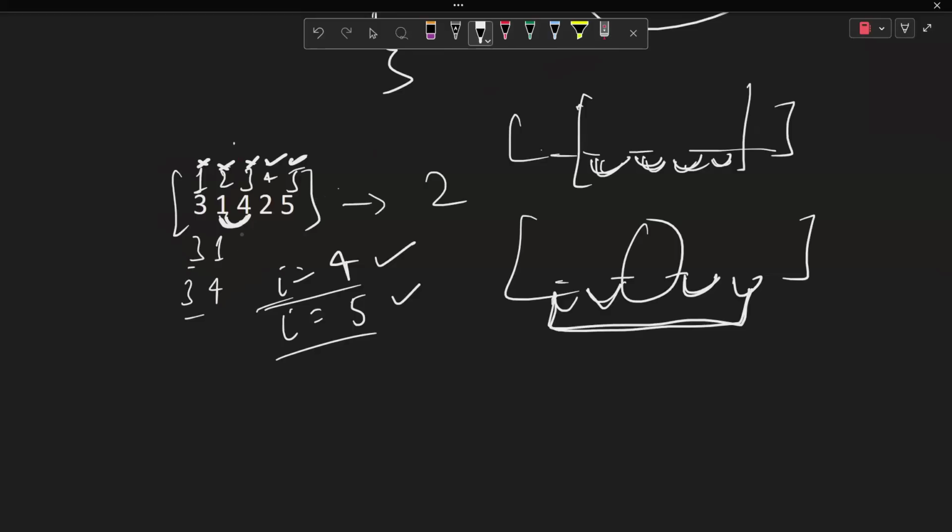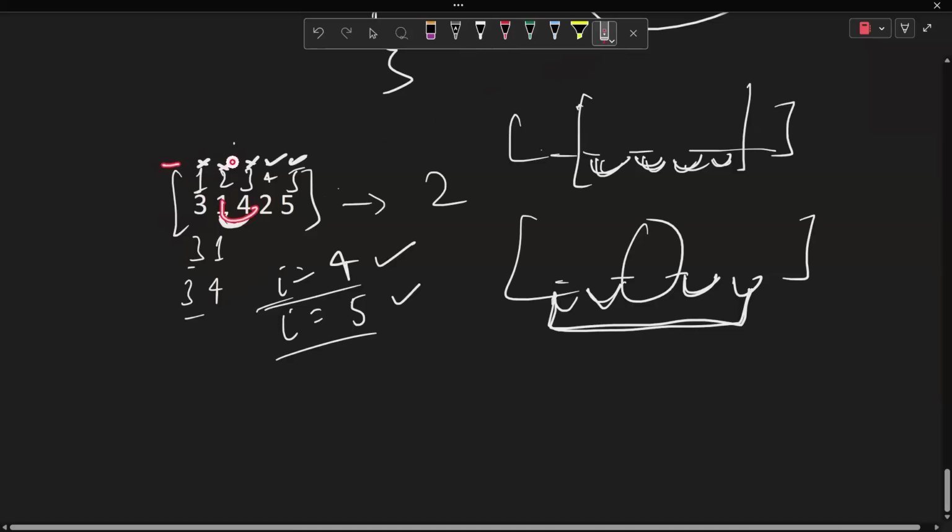When? Basically, if we are swapping these two numbers, whatever permutation we had here, if you remove this and add this here, and now this thing becomes a permutation, then we can say it was not a permutation earlier, now it became a permutation. If that happens, we can represent that change as a +1.